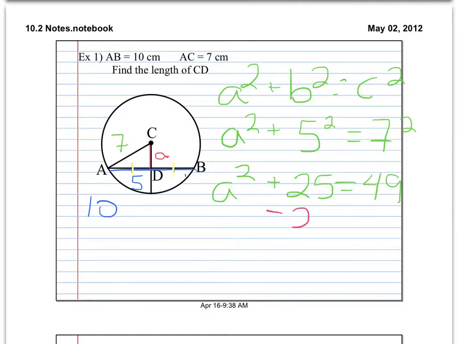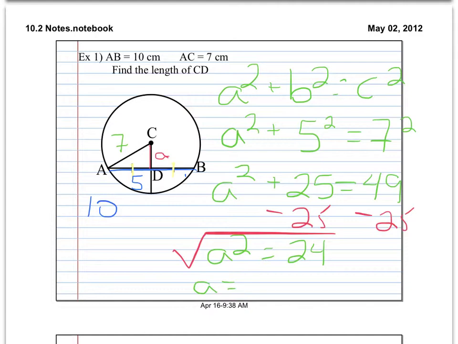Then subtract 25 from each side, so you get A squared by itself, which will equal 24. Then the last step, take the square root, so you're left with only A, and the square root of 24 will be 4.9 centimeters. So there's your first example, hopefully pretty straightforward.